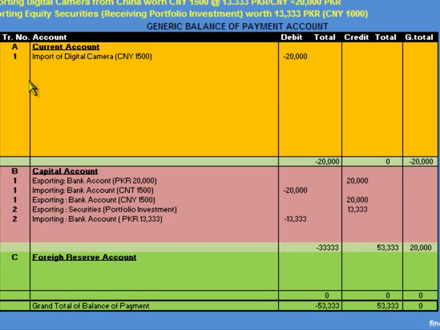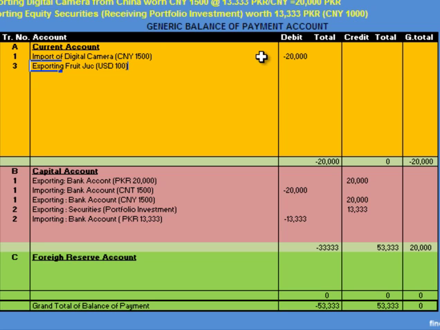Now let's take an example of exports. For example, in the third transaction, for example, you export fruit juices to America, to United States, equal to say $100. So the export of goods would be recorded in current account, and we shall record in current account as exporting fruit juices, and the amount is US dollars 100.